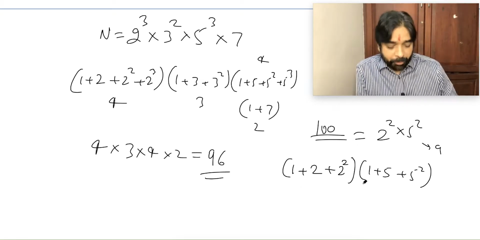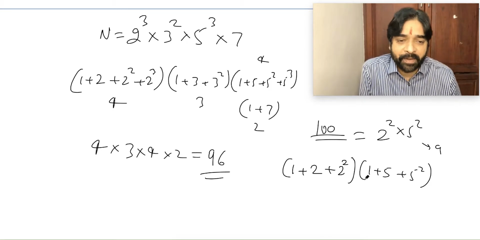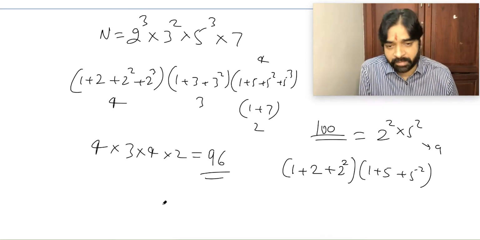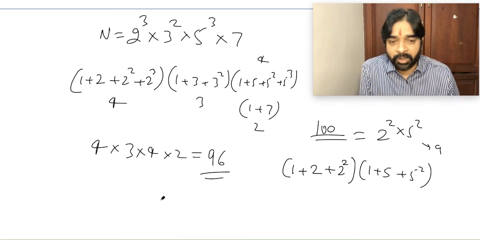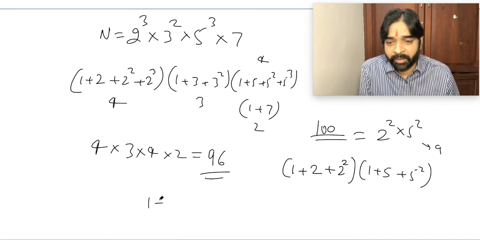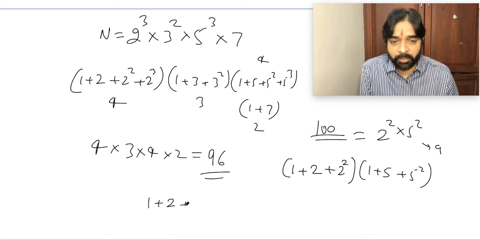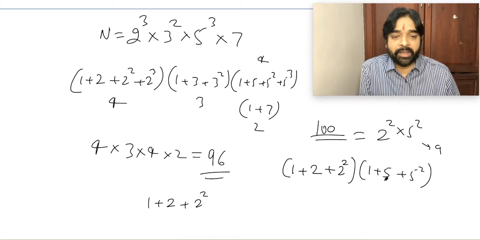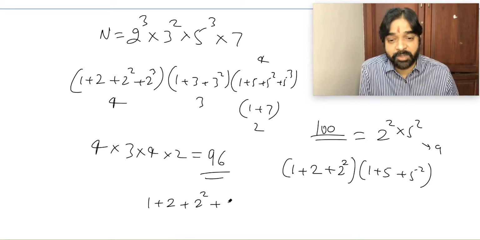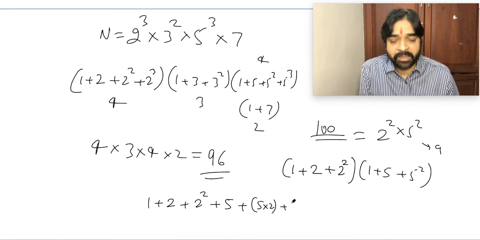This is the total possibility. If I multiply this, let's multiply. 1 will go inside: 1 plus 2 plus 2 square. Now 5 is going inside. Please watch: 5 plus 5 into 2 plus 5 into 2 square.